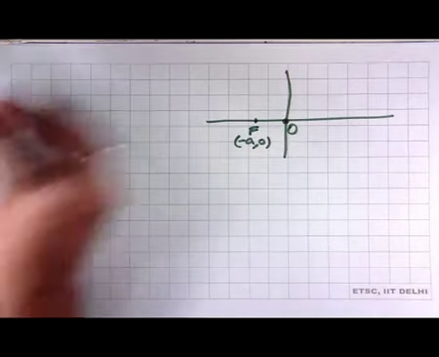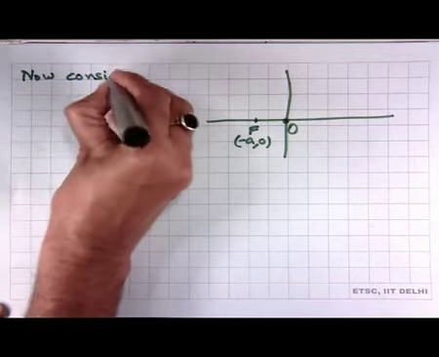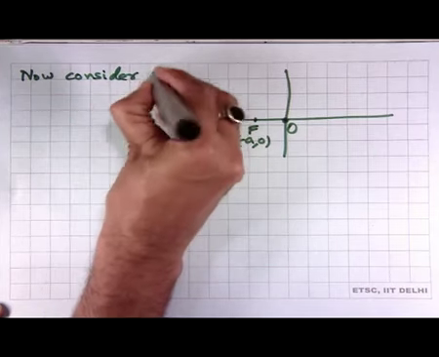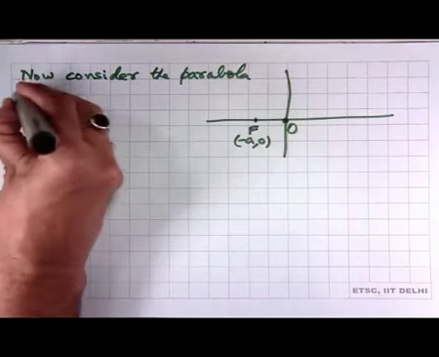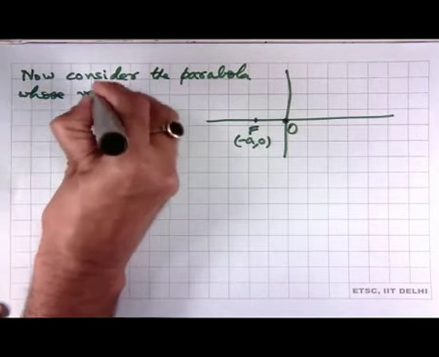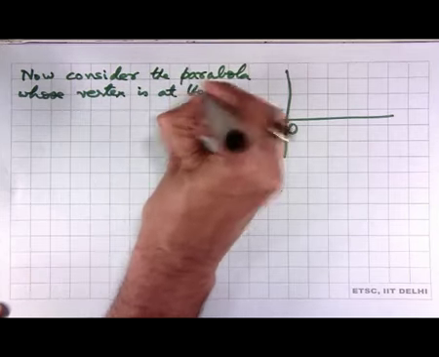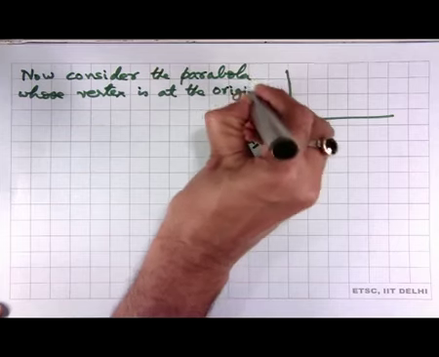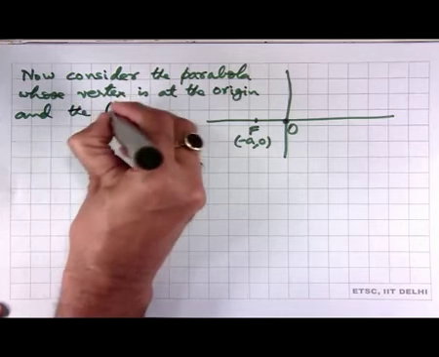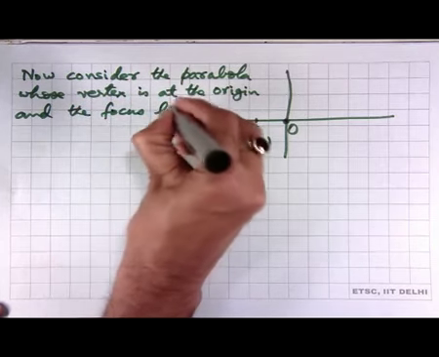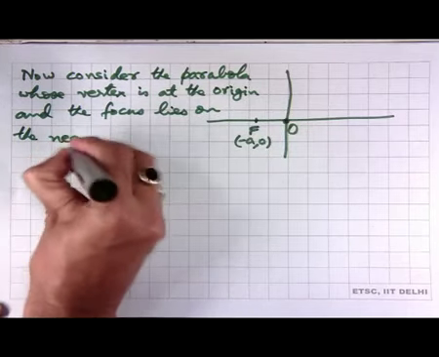So, now consider the parabola whose vertex is at the origin and the focus lies on the negative x axis.